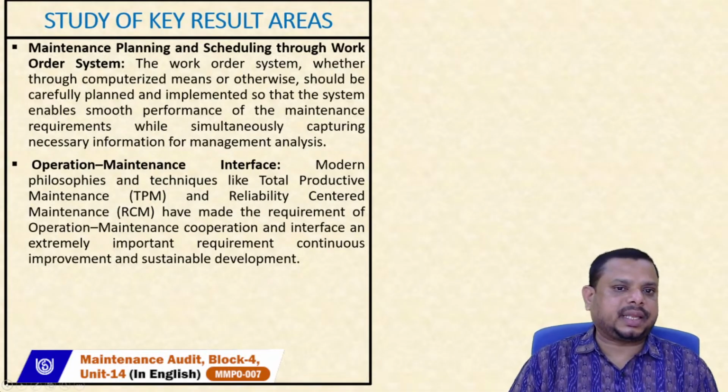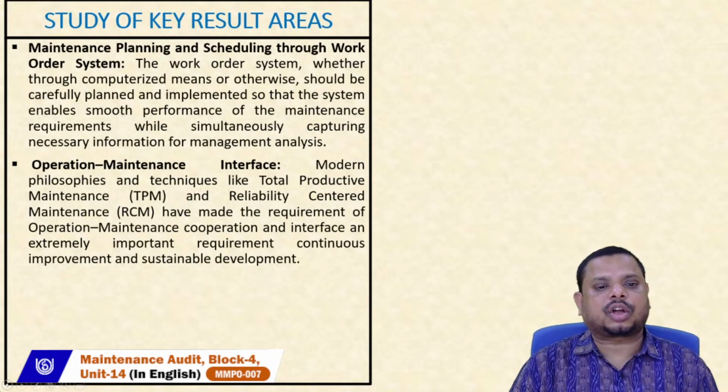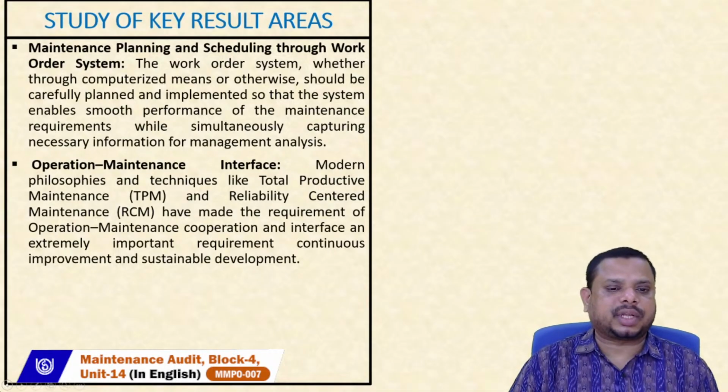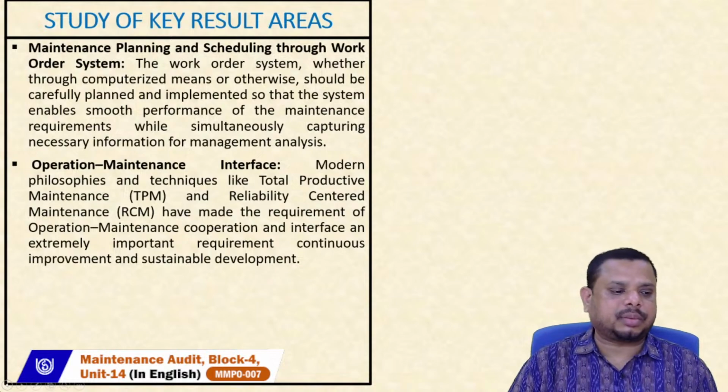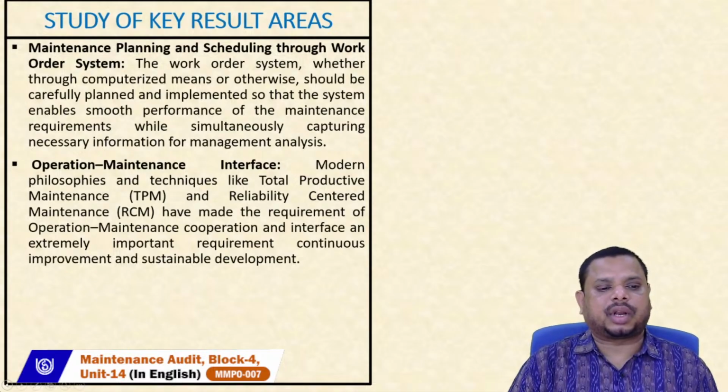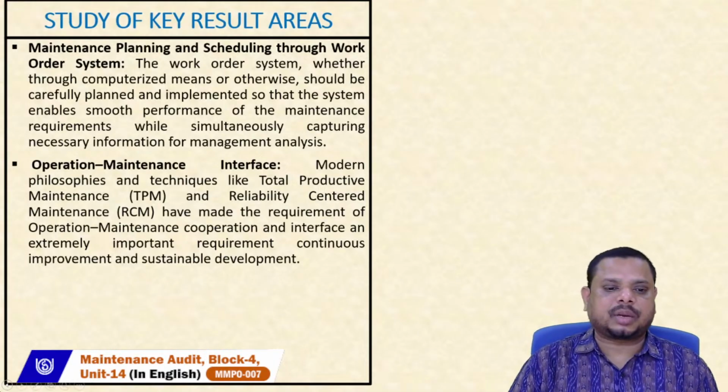The next key result area is the operation maintenance interface. Whenever you talk about the operation maintenance interface, we always focus on philosophies and techniques like total productive maintenance, shortly known as TPM, or reliability centered maintenance, shortly known as RCM, which make operation maintenance cooperation and interface an extremely important requirement for continuous development and sustainability development.